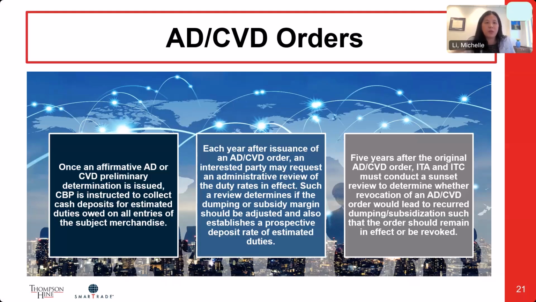So you will see two investigations hand in hand, one on AD, one on CVD, addressing the same 3 years of imports in the ITC injury cases, seeing all the imports surge at the same time, and Commerce coming in and examining different practices, looking at their prices or the subsidy that the foreign manufacturers receive from the foreign governments. And because the CVD prelim determination comes in earlier, the cash deposit rate on the CVD side will come in earlier than the AD side.